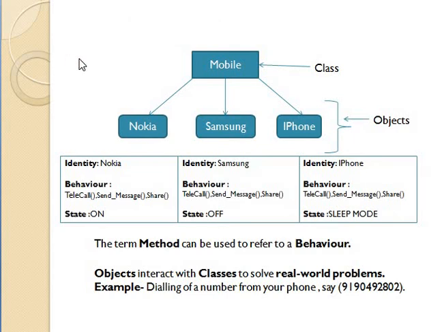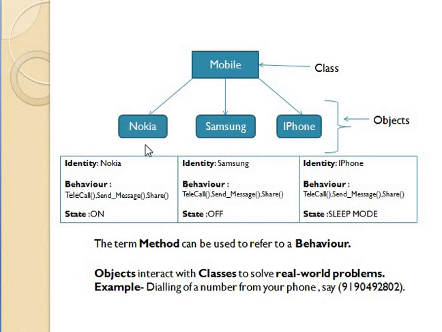Now take an example of a real-world scenario where mobile represents the class and its types, Nokia, Samsung, and iPhone represent the objects. In other words, an object can be described as a real-world entity which has its identity, behavior, and state.